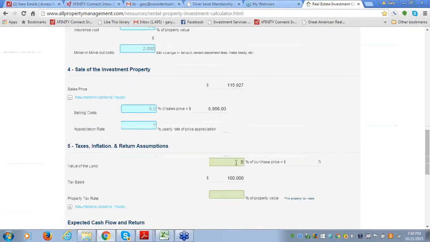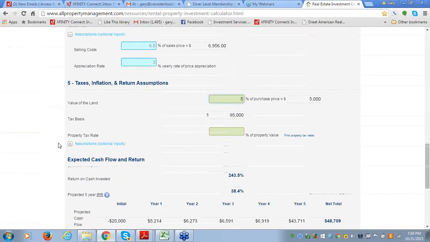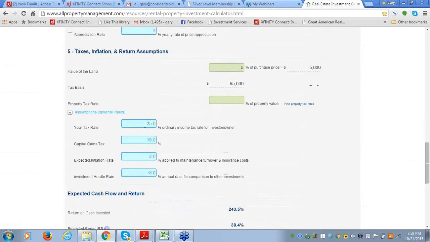Value of the land. Let's assume the land is only worth $5,000. Yep, 5% is $5,000. So tax basis is $95,000. Property tax rate. Let's see what some of the assumptions are first. Our tax rate, let's just leave that 25%. Capital gains, let's leave that at 15%.